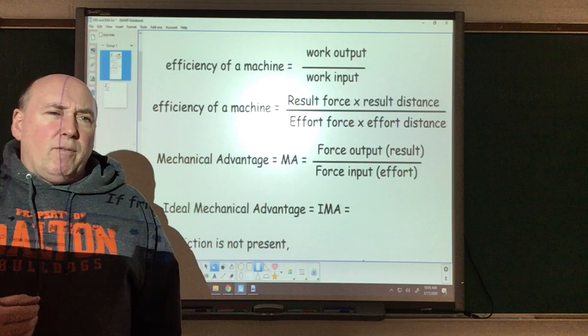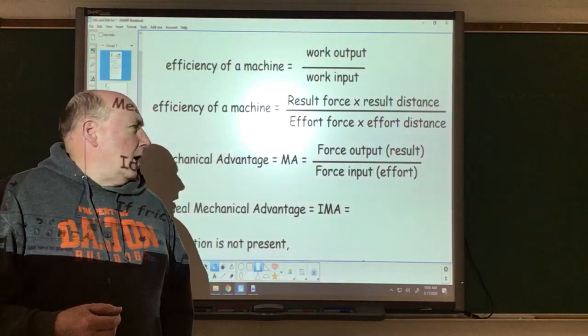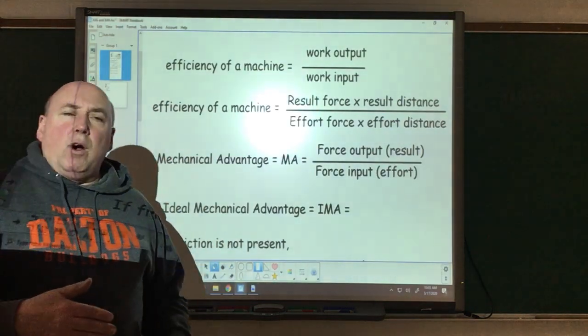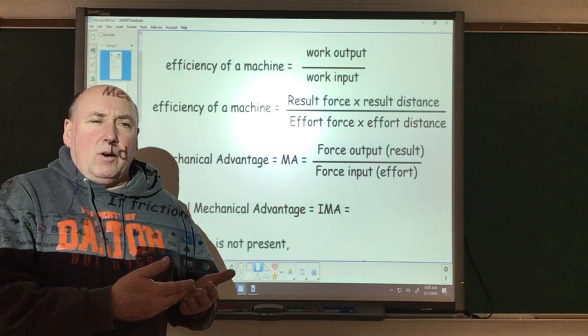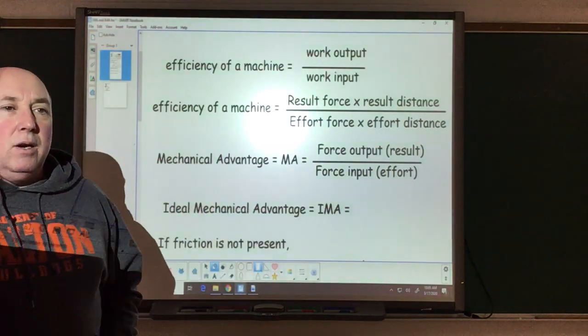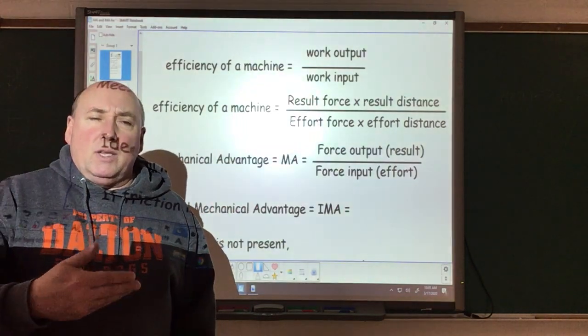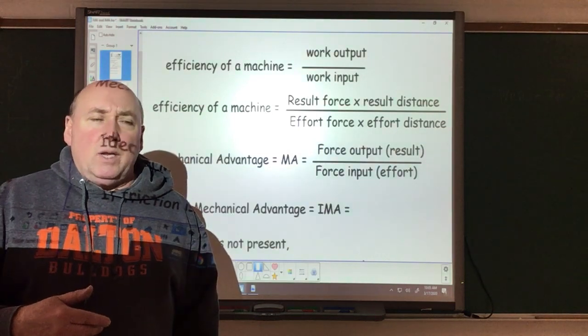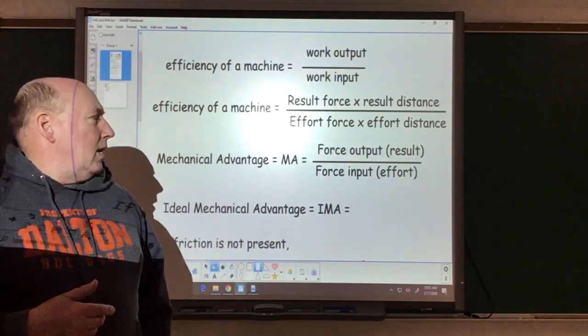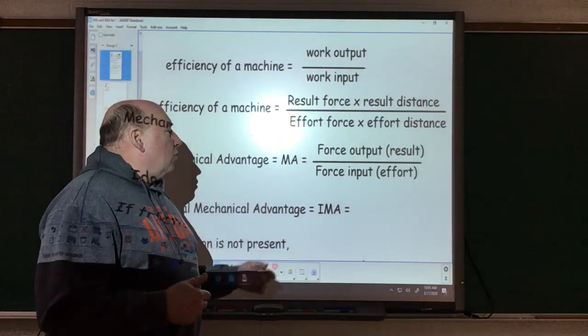Whatever your effort force is, we divide that into whatever our result force is. We'll look at our inclined plane and go to the example that we did in class last week and calculate our mechanical advantage.